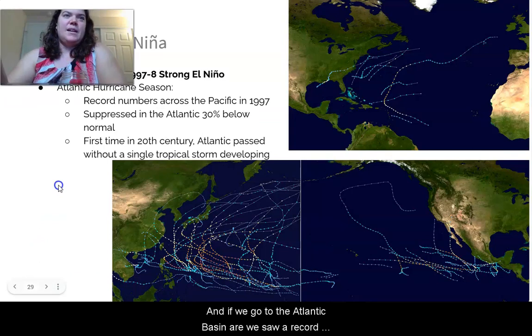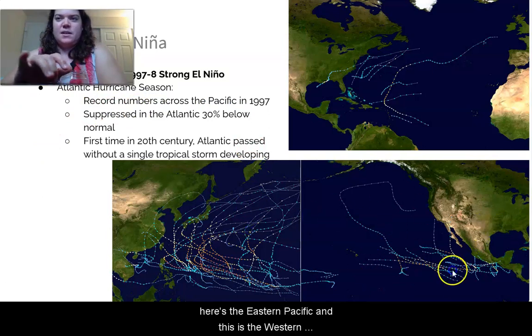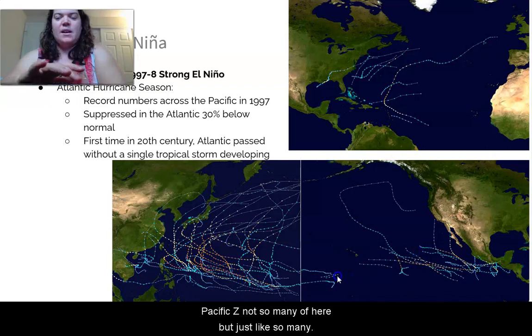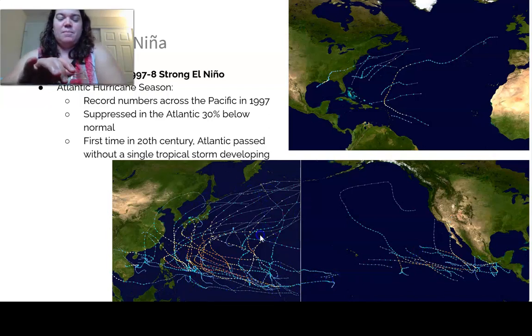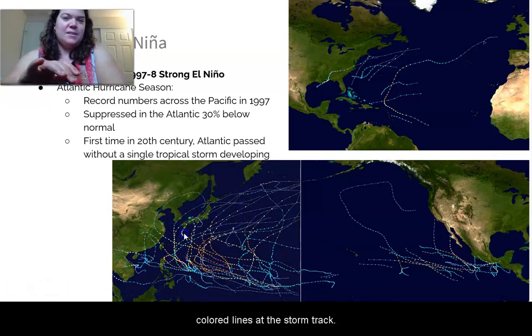Then if we go to the Atlantic Basin, we saw record numbers in the Pacific. So here's the Eastern Pacific, and this is the Western Pacific. You see not so many over here, but just so many in the Western Pacific. Just a lot of storms. Each of these little colored lines is a storm track.